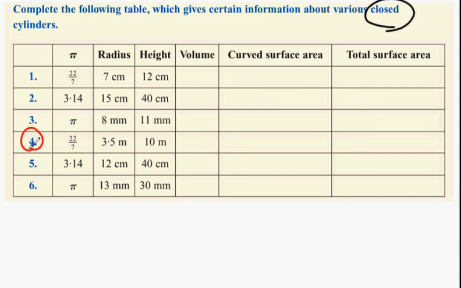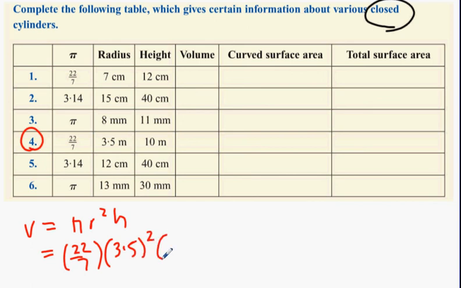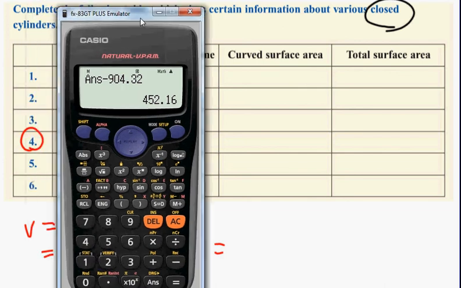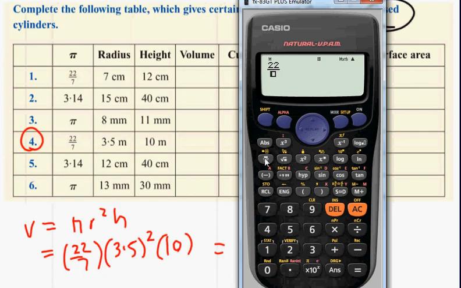Okay, I'll start off with volume. Volume equals pi r squared h, which is 22/7 multiplied by radius squared, which is 3.5 squared, multiplied by the height, which is 10. Put that into the calculator, and we get 22/7 bracket 3.5 squared bracket 10. Everybody right with that?